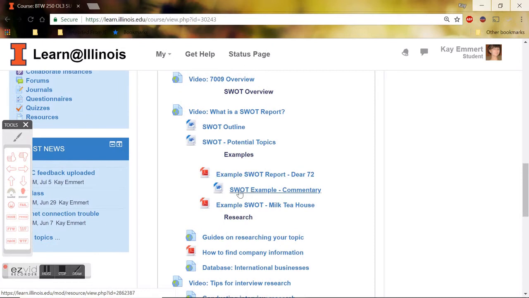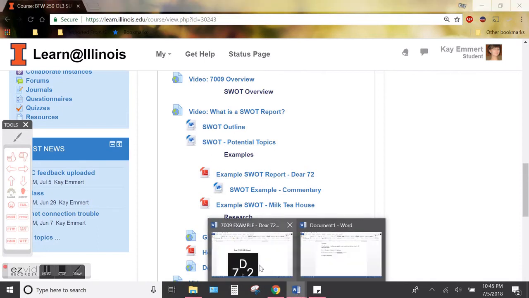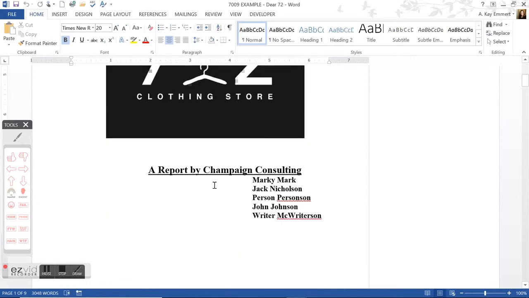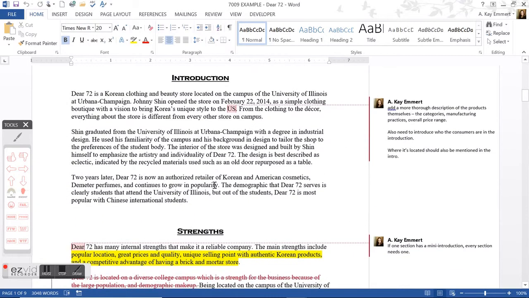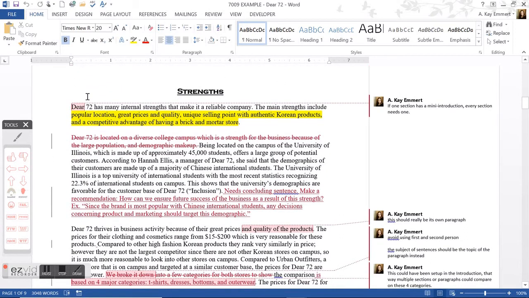All right, so I'm going to pop open my Dear 72 commentary. I'm going to scroll down to the strengths, and we're going to be focusing on this. The first thing I want to point out is that this example does have a mini introduction in the strengths section, and as you can see, it just brings up the specific topics of this section in the same order in which they appear, just like our thesis should do.